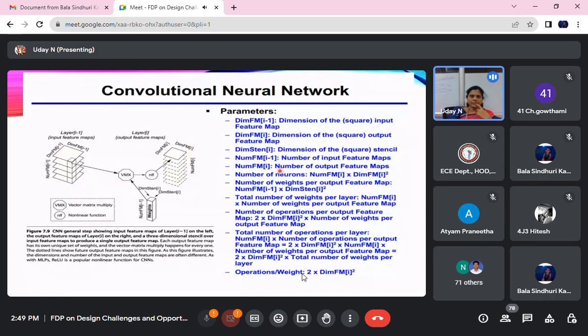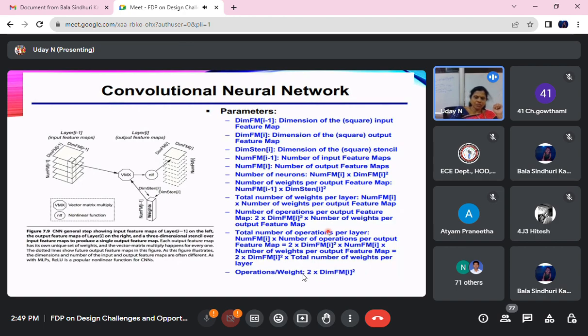This is how we have the dimensions given for a convolution neural network. See how the complexity is increased from a multi-layer perceptron to a convolution neural network, where the number of neurons is now the number of feature maps I times the dimensions of the feature map in I squared, and the number of weights per output feature map is now given by the number of feature maps times the dimensions of the stencil.